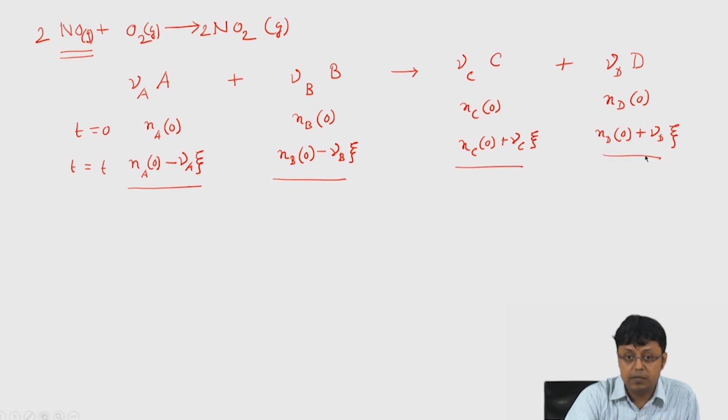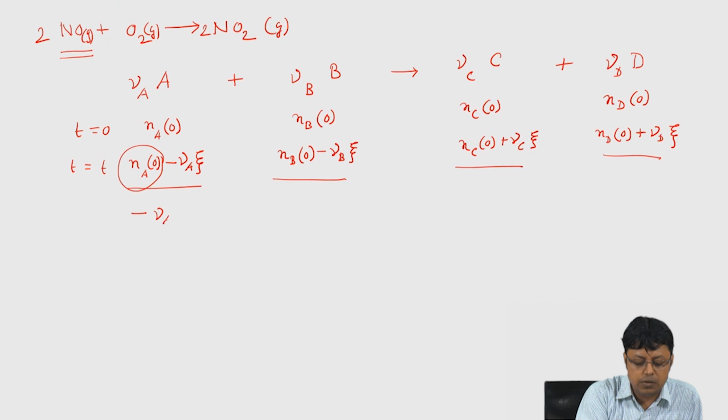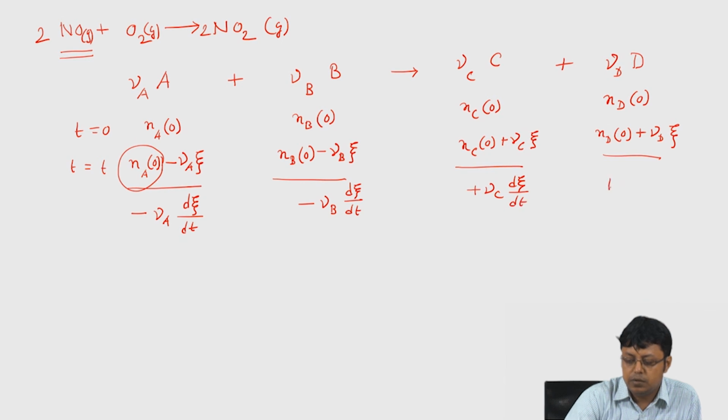If we take the derivative, this part will not be there because it is just a constant. So, what we will have is minus nu A d xi dt, minus nu B d xi dt, plus nu C d xi dt, and plus nu D d xi dt.